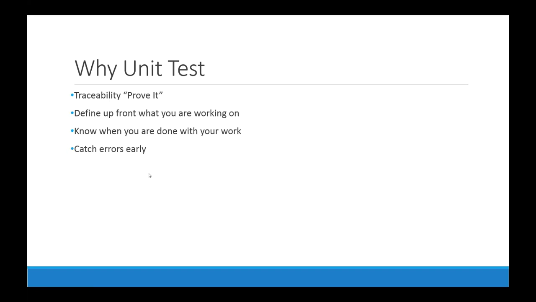And the sooner you're able to fix your code, odds are you're closer to the code that you were working on. Your head is in that space, not having to come back and figure out what you were thinking months later. So catching those issues early is useful.